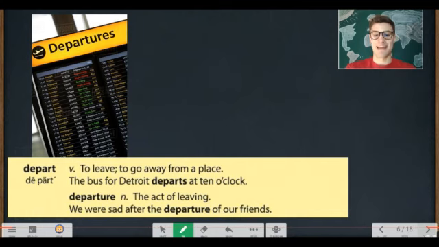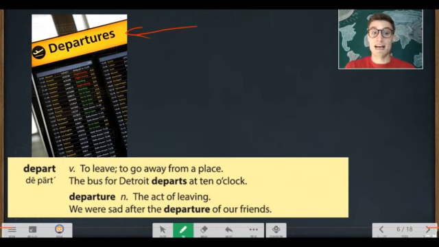Departure is the noun. It's the act of leaving. It's the name of leaving. Departure. We were sad after the departure of our friends. Now, where would you see this word in real life? If you go to an airport or a big train station, you'll see this big board. It says departures.